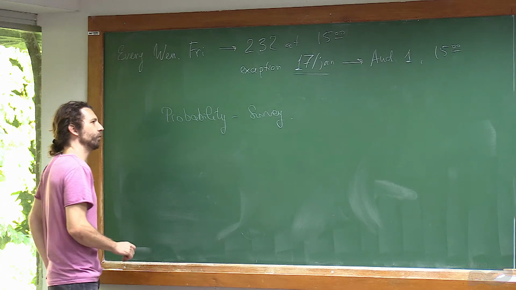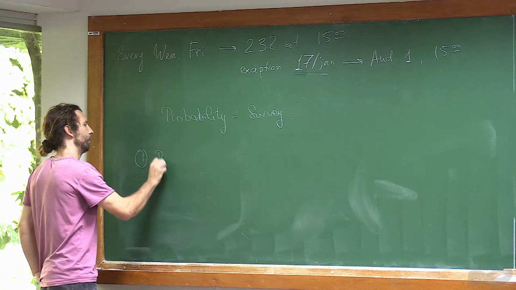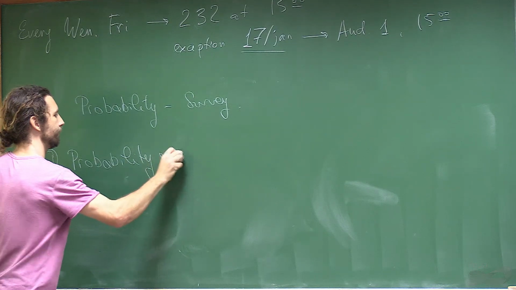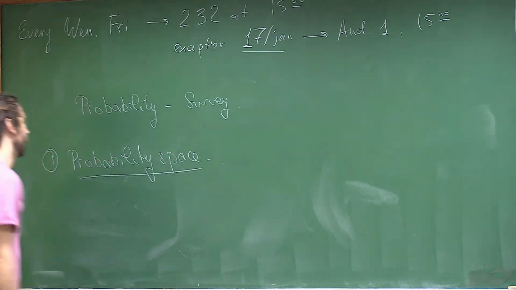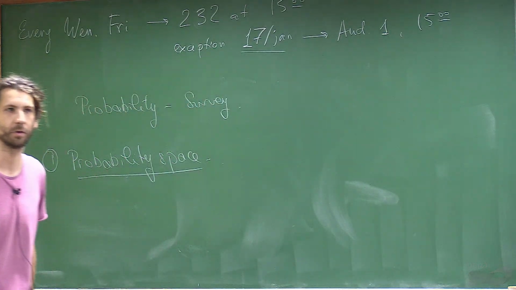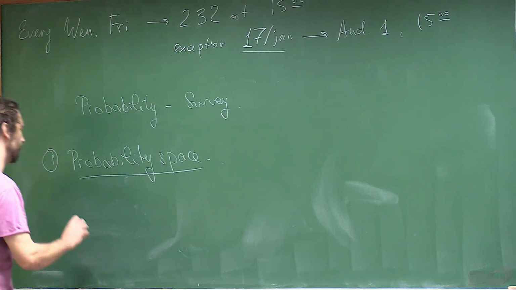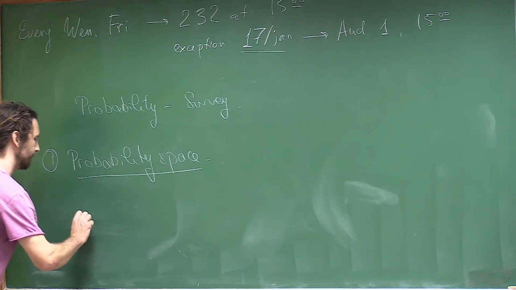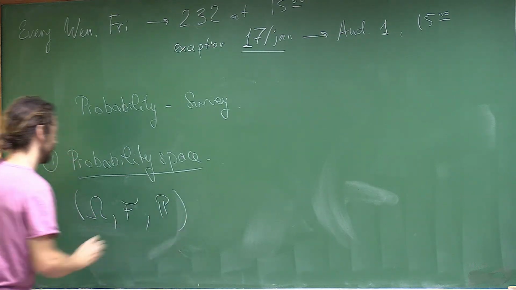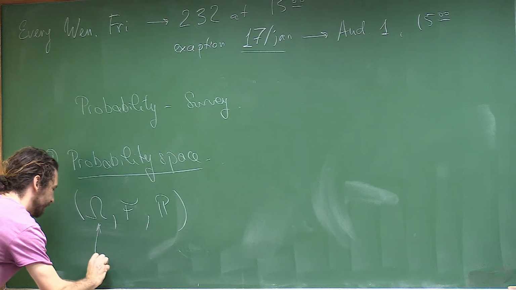I want to define what I mean by a probability space. If you want to describe something random, you need a measure with which you are going to average. A probability space is essentially a triplet, composed of omega, an abstract space of realizations.